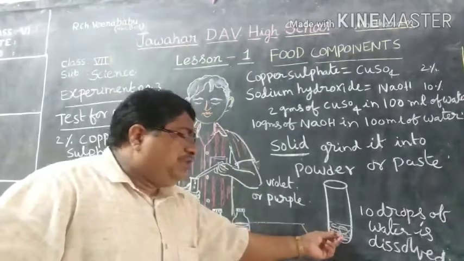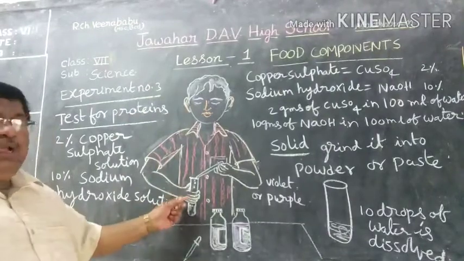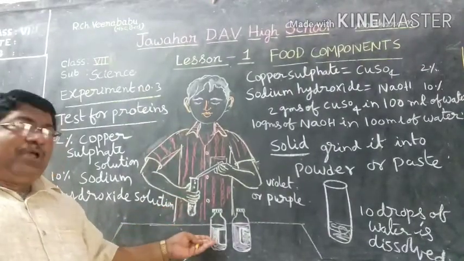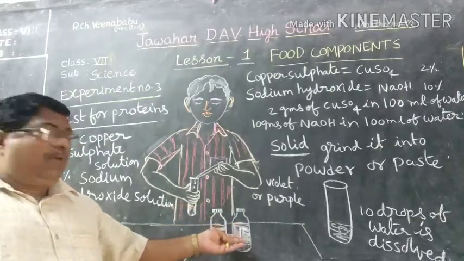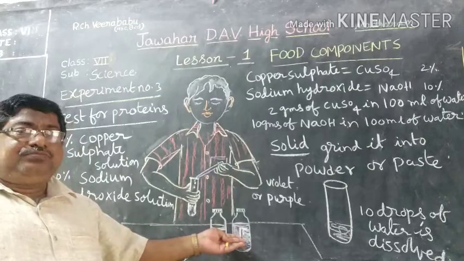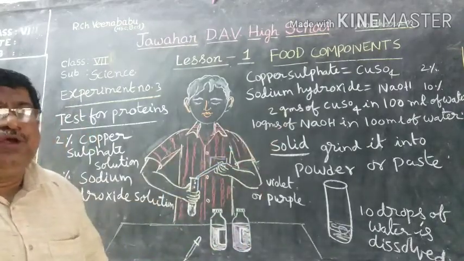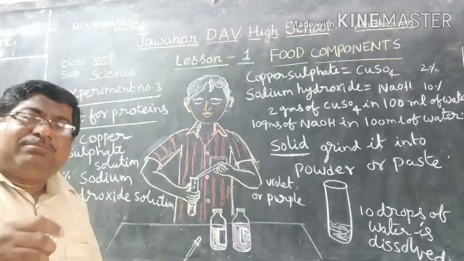Again, this solution 10 drops we have to take in another test tube and we have to add 2 drops of copper sulfate solution and 10 drops of sodium hydroxide solution.